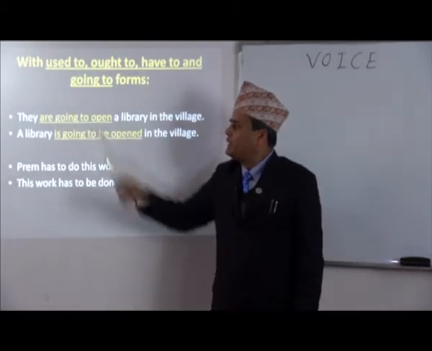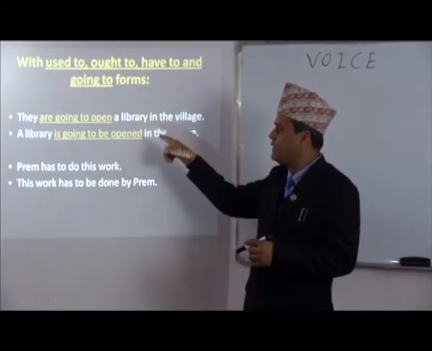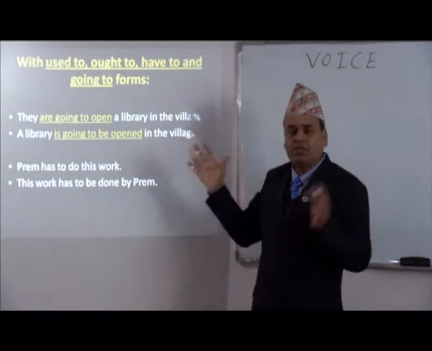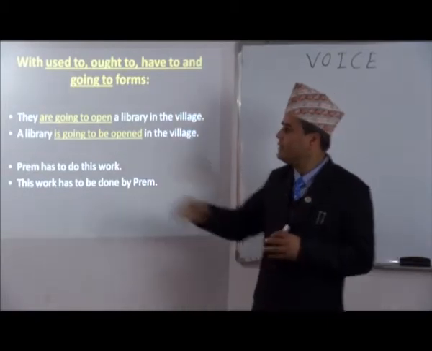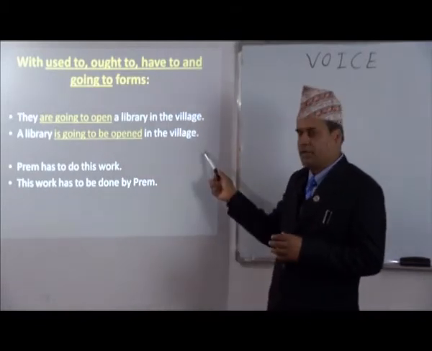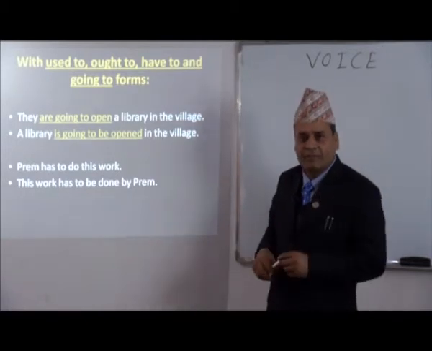The subject in the first active sentence is plural, so they are going to. But in the second sentence, a library is singular subject, and it happens a library is going to be opened in the village. So this is how the sentence is changed into passive voice.